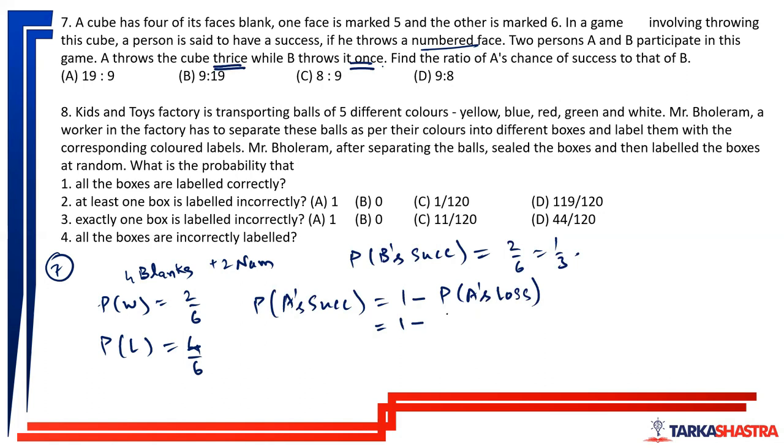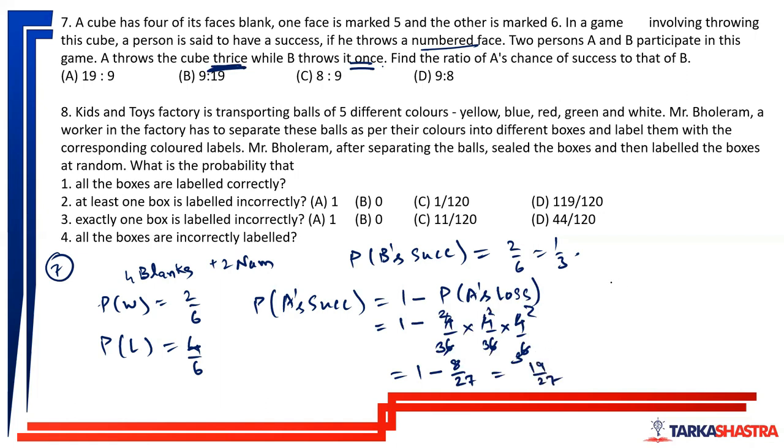He has thrown thrice, so in the first throw he has lost, in the second throw he has lost, and in the third throw he has lost. So this is 2 by 3, 2 by 3, 2 by 3. So it is 1 minus 8 by 27, that is 19 by 27.